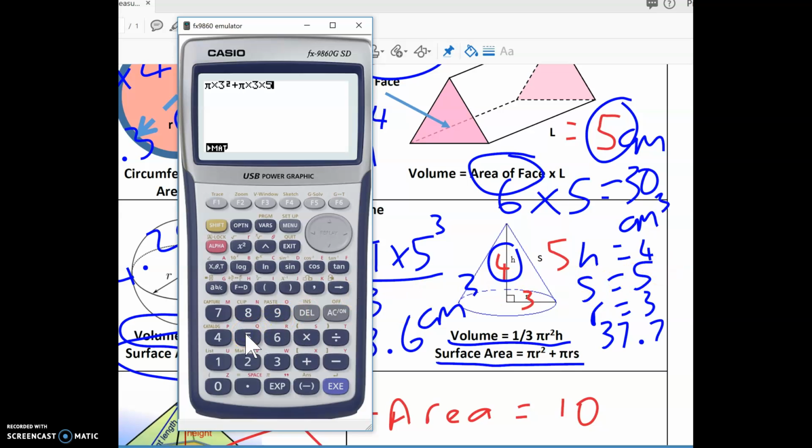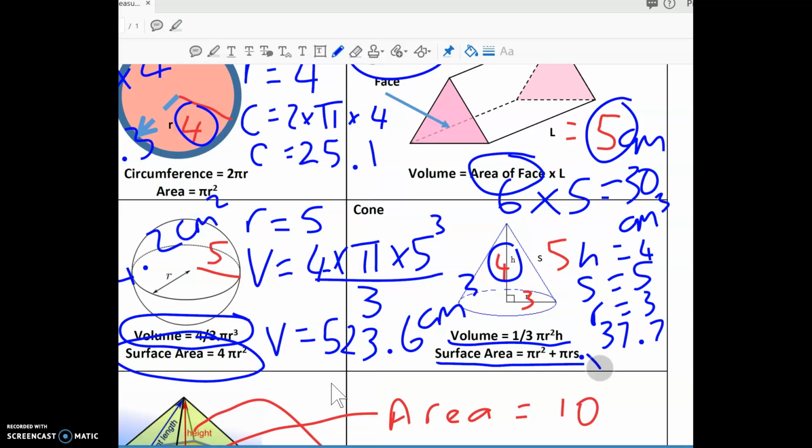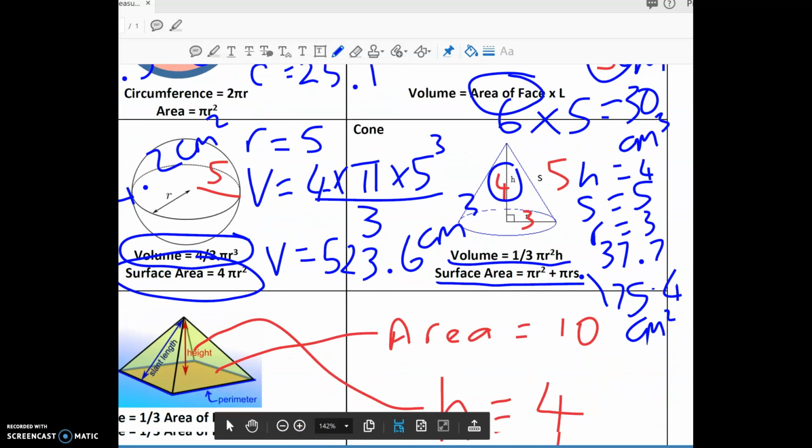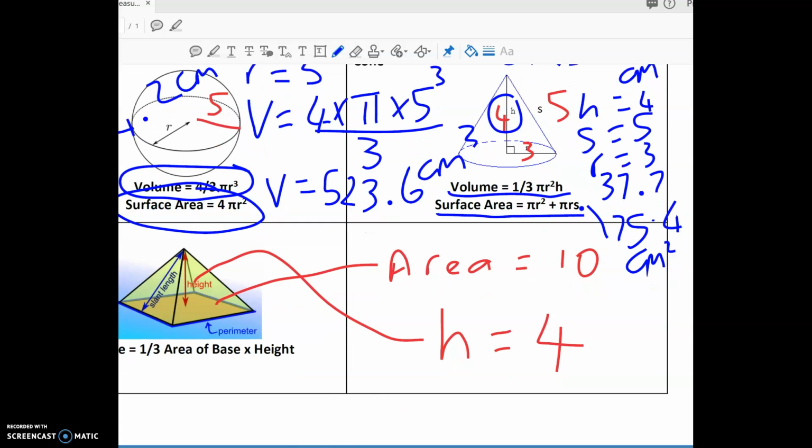You would write exactly that in the exam. That is showing your working. All right, execute, and we get 75.4. So our surface area is 75.4. And if this was all centimetres, it would be centimetres squared because it's an area. And if it was a volume, it would be cubed, right? So our volume should have been cubed.